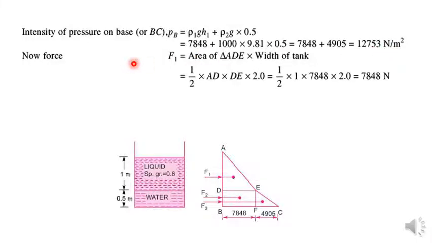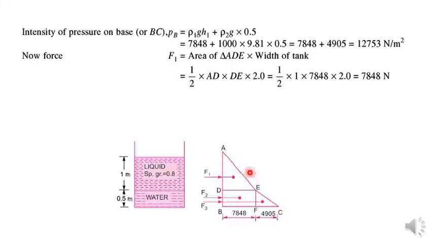Now, if the intensities are known to us at different levels, at point A, point D and point B at the base of the tank, then we can very easily find the forces. F1 represents the force exerted at the center of pressure of the area ADE, F2 is the force applied on the rectangular area BDEF, and F3 is the force applied on the triangular area EFC.